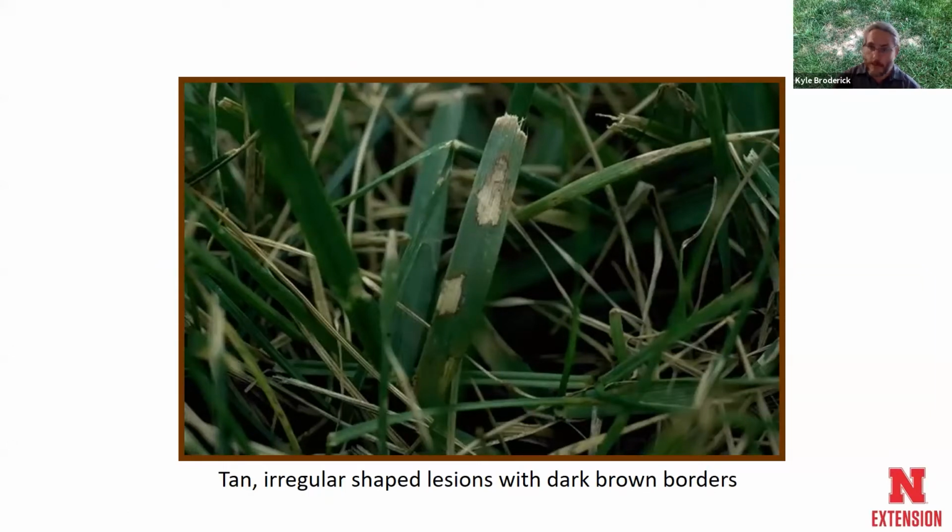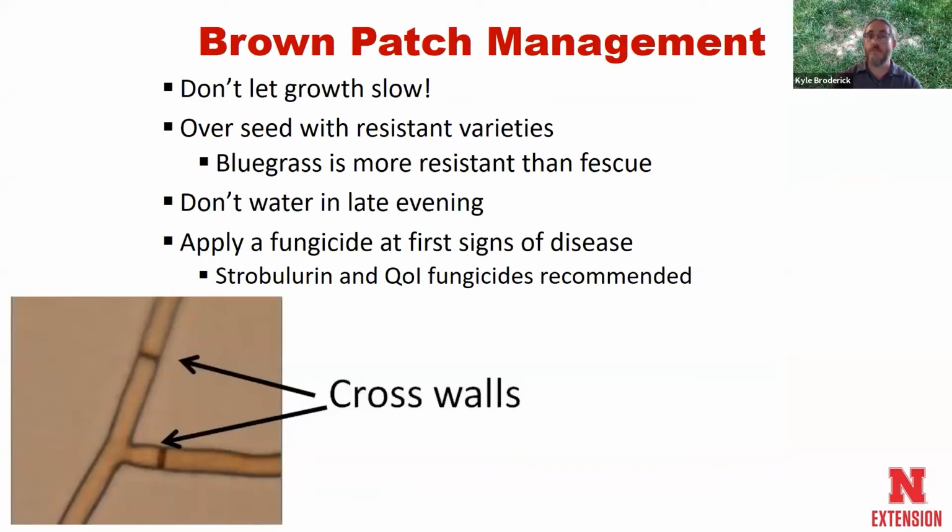Now the picture behind me, I'll duck my head so people can see it a little bit better, is a more severe infection, and sometimes it can be hard to see those individual lesions on the leaf blade. But that's where the name comes from: once we have a larger area of the turf affected, we tend to get these larger patches that can die.